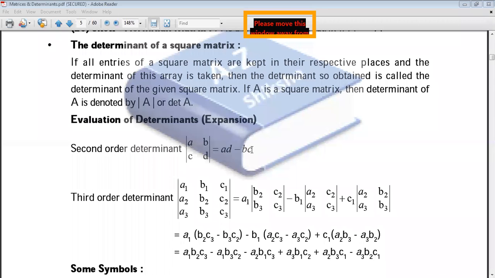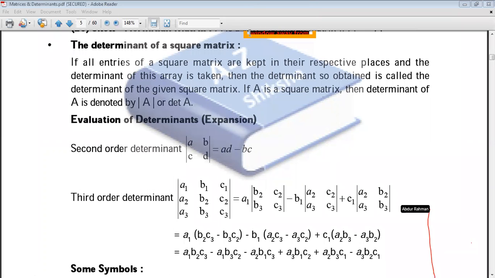You begin with the upper left corner element, multiply it to the lower right corner element, minus the lower left corner element multiplied to the upper right corner element. Okay, that is simply AD minus BC. Fine.